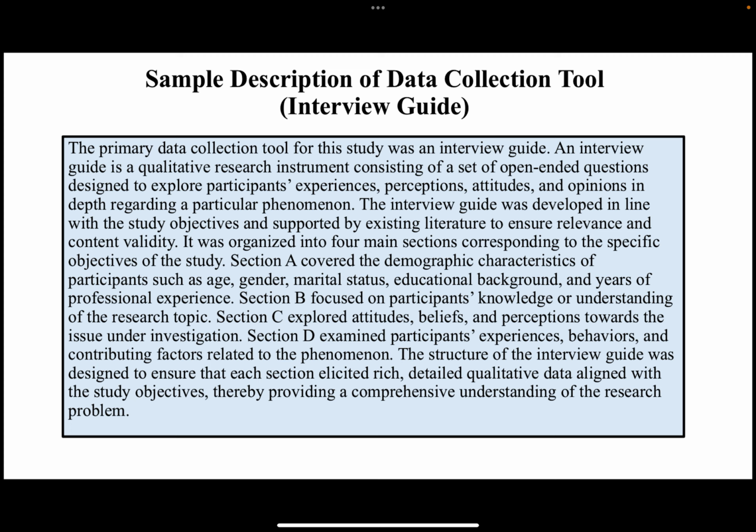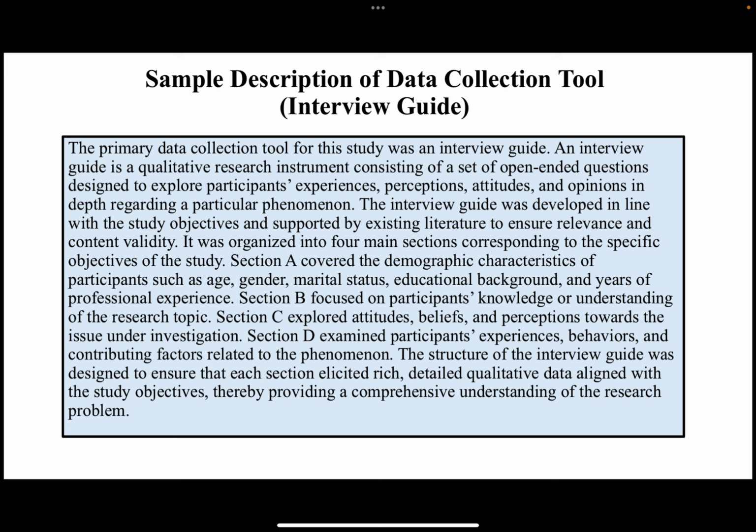It was organized into 4 main sections corresponding with the specific objectives of the study. Section A covered the demographic characteristics of the participants, such as age, gender, marital status, educational background, and years of professional experience. Section B focused on participants' knowledge or understanding of the research topic.